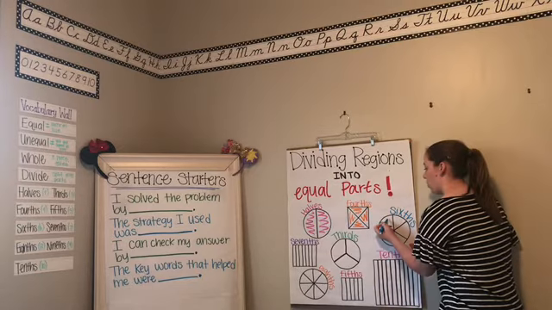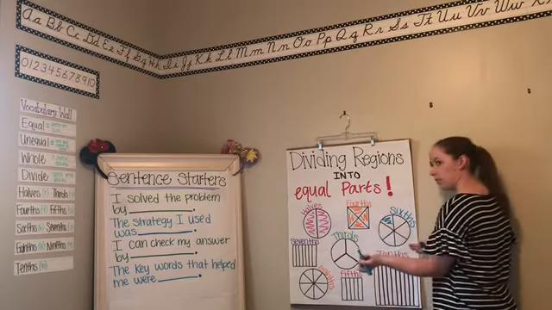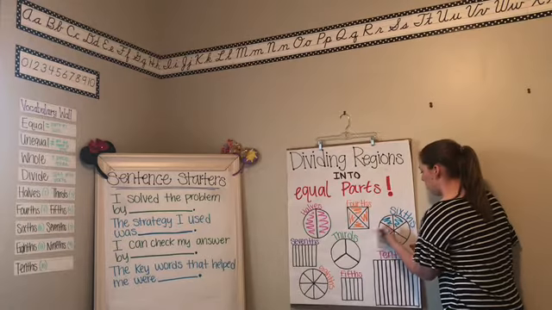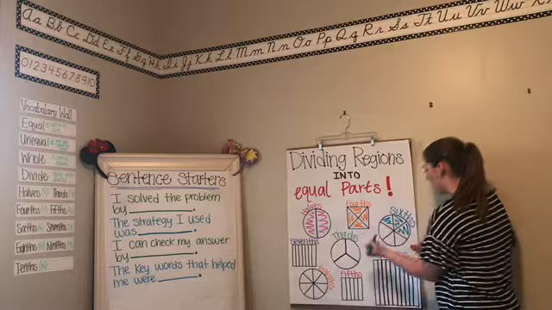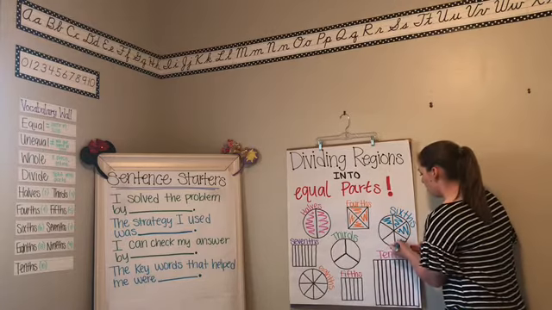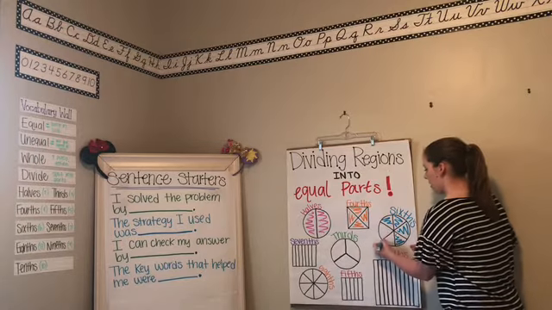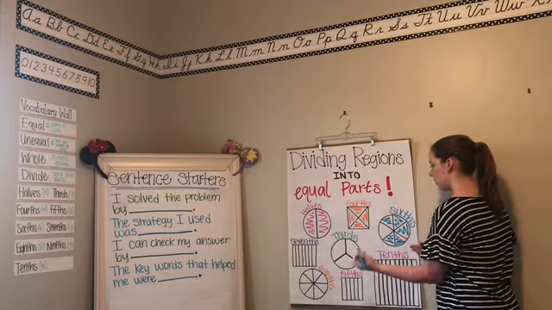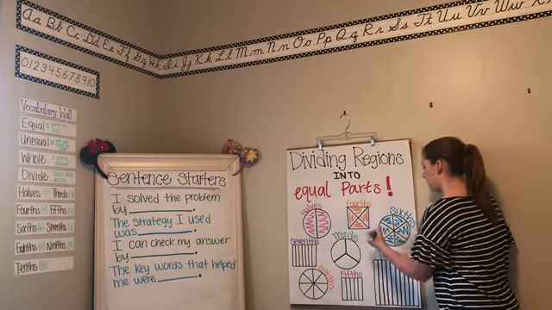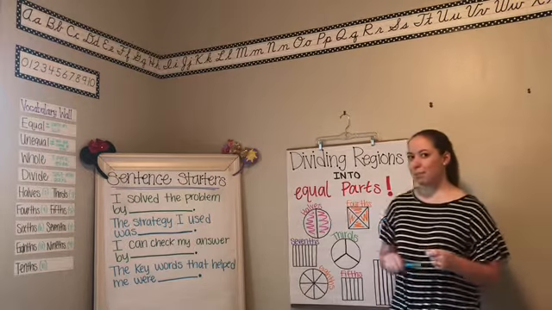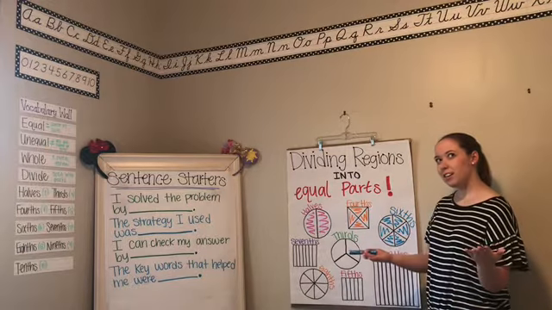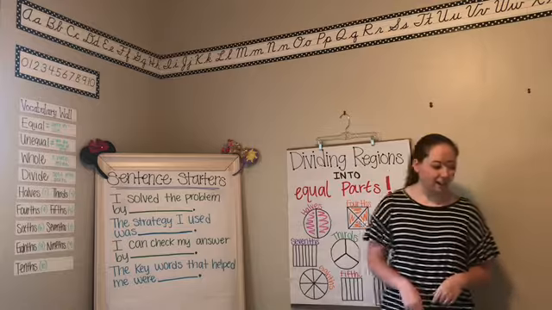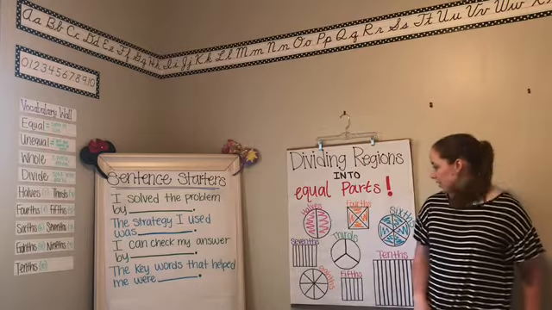So we have 1 part, 2 parts, make sure you're counting with me, okay? 3 parts, 4 parts, 5 parts, and 6 parts. And in mathematician terms, what do we call 6 equal parts? Sixths, exactly. Let's keep working.